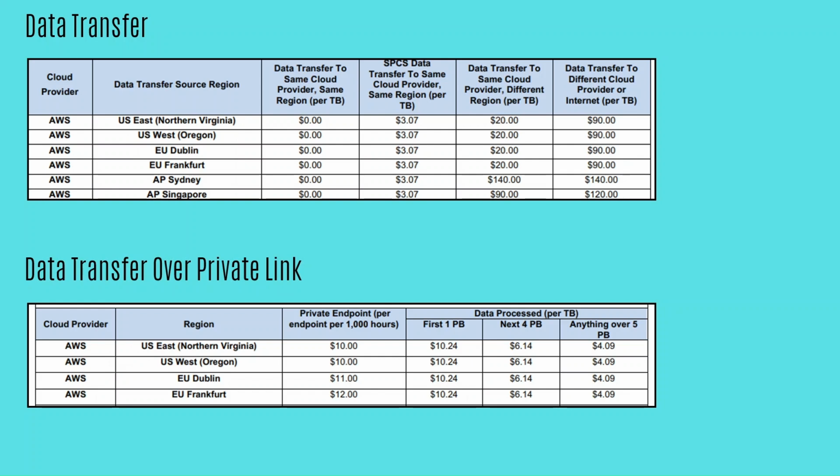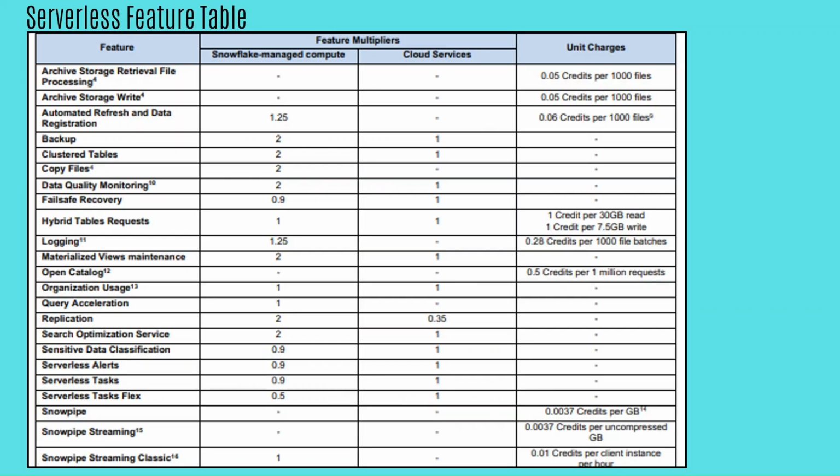So this is where private link and private endpoints come in, and these are more for security purposes, where your data never goes over the public internet. It will be within the private tunnel and your data is more secure. Got it? But you will be charged for that also.